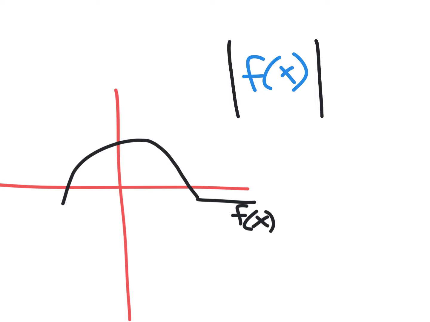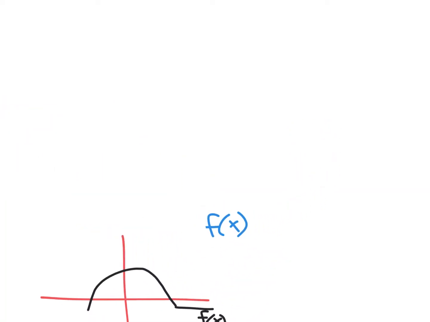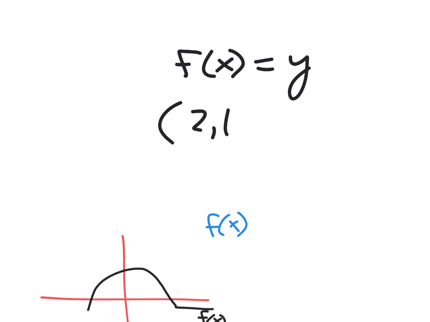But to really understand that, I have to go through just some basics for you. Okay? First off, things you have to understand before you can get this. Do you get that f of x is the exact same thing as y? If I say f of x, do you get that means y? If I gave you a point 2 comma 6, which is the x part, 2, and which is the f of x part?